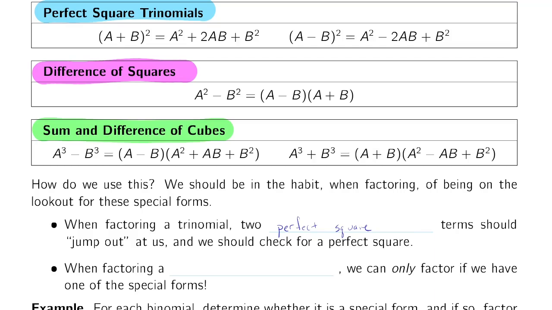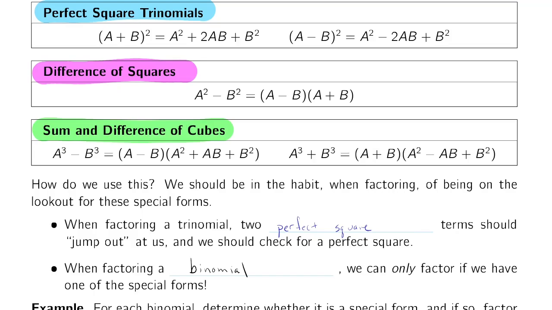When we're factoring a binomial, we're only going to be able to factor if we have one of our special forms. So difference of squares, difference of cubes, sum of cubes. There are higher degree ones of these, but we won't need any for the examples we see in this class.